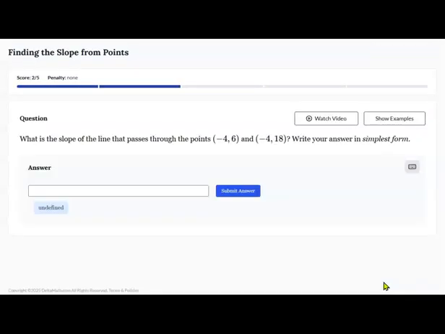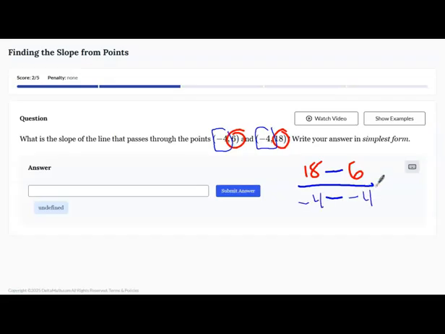Let's try one last problem. We'll start our slope formula as a giant subtraction fraction, and we always put our y's in the numerator. So we're going to do 18 minus 6, and we always put our x's in the denominator. And if we started with the second point, we will start with the second x over here. So -4 minus -4.